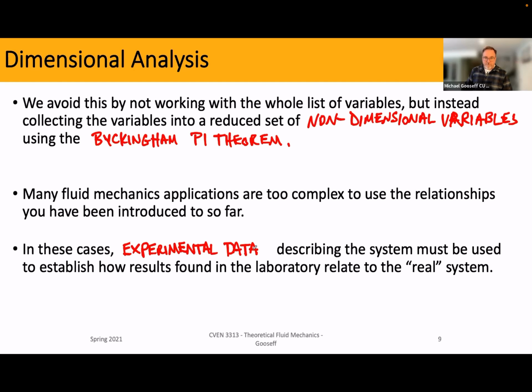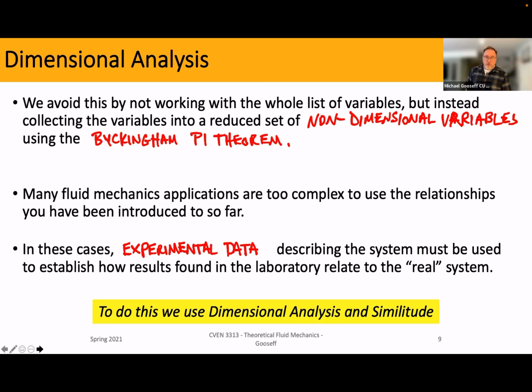So this is not as simple as saying, well, if I want to build a dam 50 feet tall and 100 feet wide, I just need to divide all the dimensions by 10 or even smaller, by 100, and I can build it in my lab, and then I can run some experiments on it and expect everything to appropriately scale. Like, for example, if you got a velocity out of spilling water over that dam, would you just multiply that by 100 as well, the same thing you did to the length? And the answer should be, I'm not sure, right? I don't know. Couldn't I? And the answer is no, you shouldn't be able to do that.